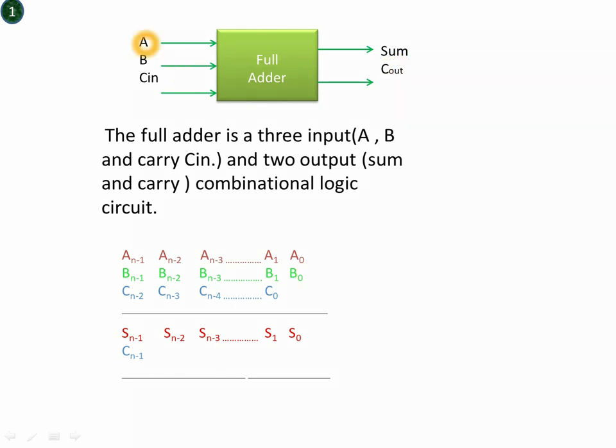Here the inputs are a, b, c in. a and b are single bits of the numbers a and b, and c in is the carry resulting from the addition of the previous bits. Totally, the inputs are a, b, c in, and the outputs are sum and carry out.